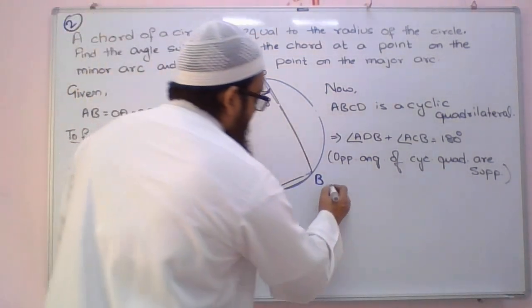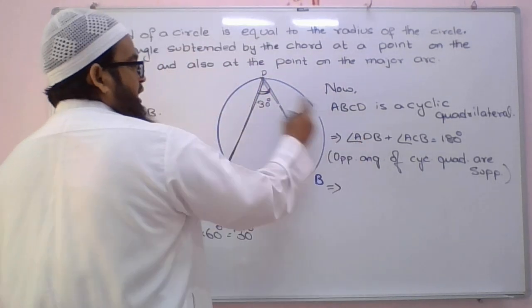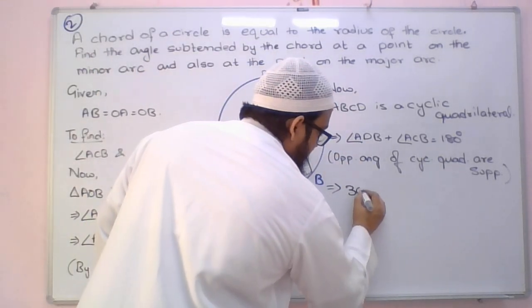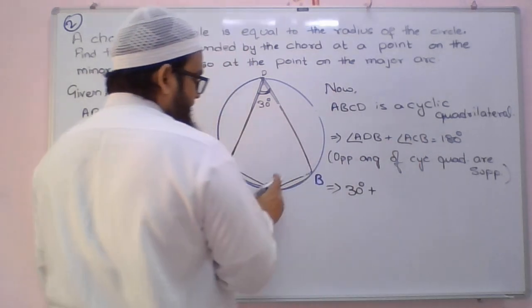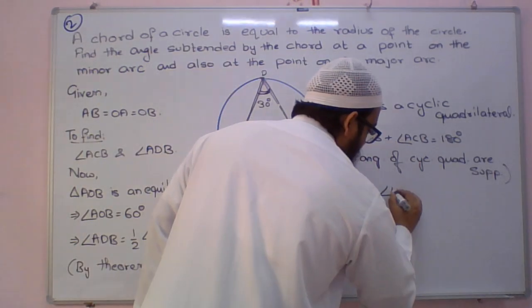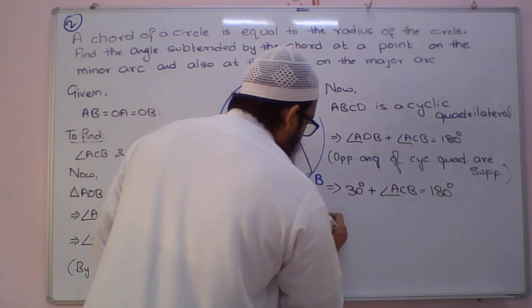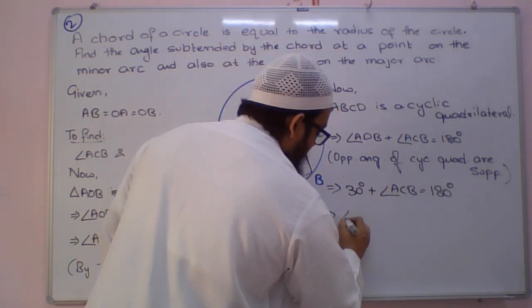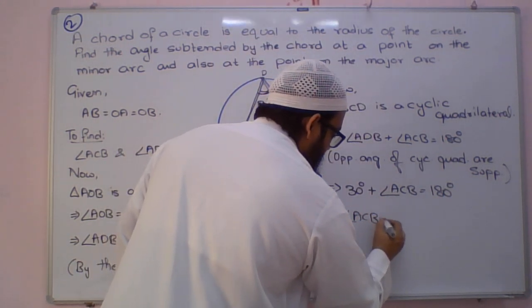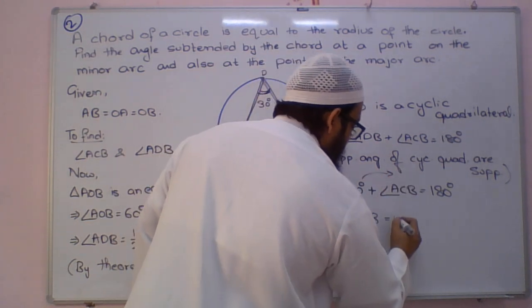So that implies, what do you know? You know already ADB is 30 degrees. Plus, what is ACB? You don't know, you have to find it. ACB is equal to 180 degrees. So now I have to find the angle ACB. Therefore transpose 30 degrees to the other side.